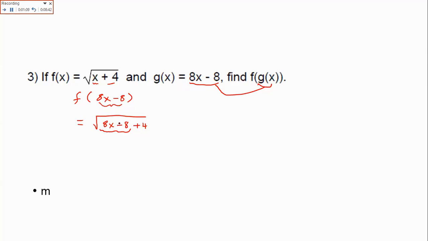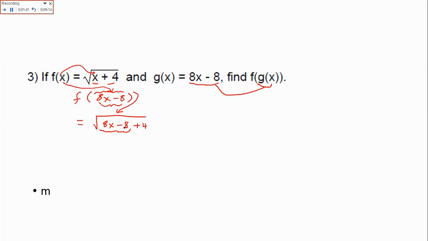F of x is just this one, so our parameter, we take it and put it in the square root, and we just add to it 4.